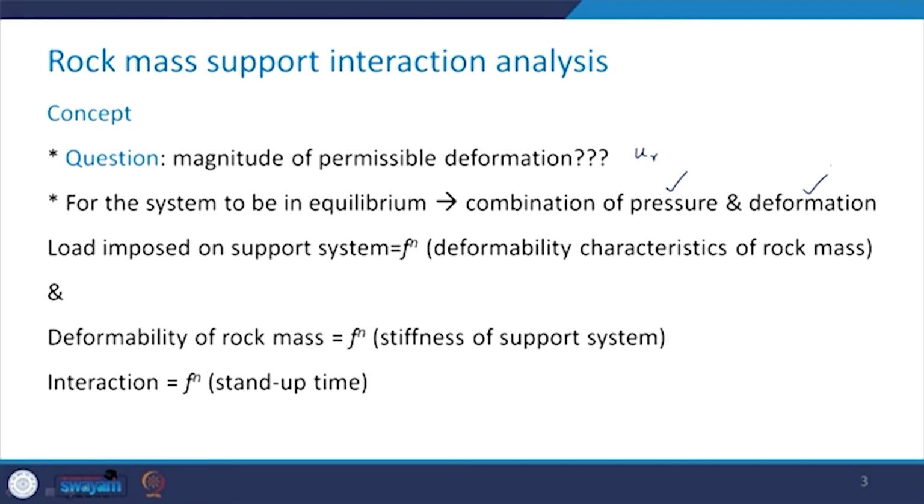Accordingly, all these parameters can be decided, and therefore the load imposed on the support system becomes a function of the deformability characteristic of the rock mass, and this deformability characteristic becomes a function of the stiffness of the support system. Therefore, the interaction phenomenon becomes a function of the stand-up time. You know what we mean by this stand-up time.